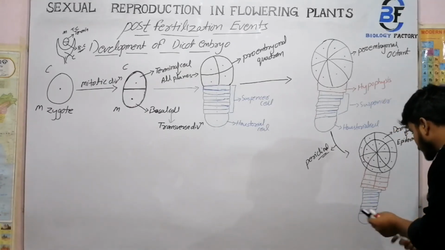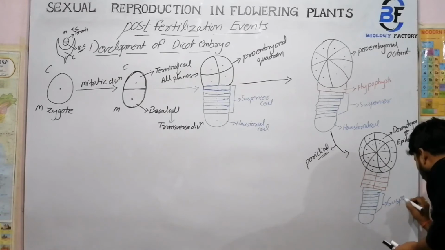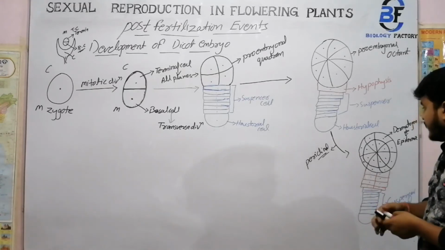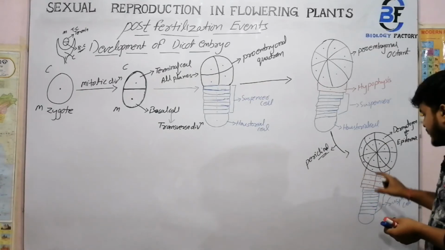So this is your suspensor, and the host cell is as it is. Next, the formation of your epidermis takes place.